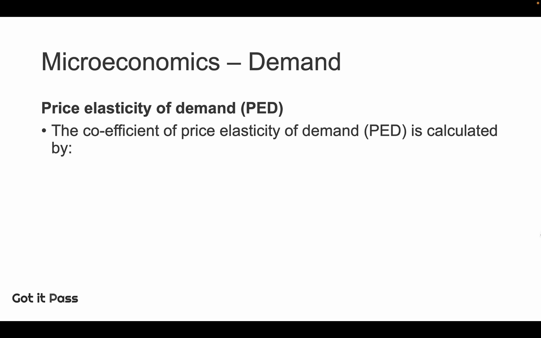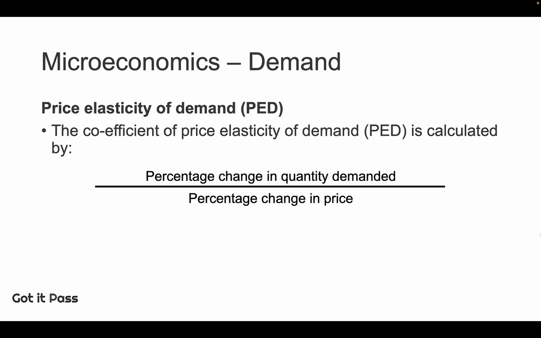For price elasticity of demand, the PED, it is the coefficient of price elasticity of demand, and it is calculated by this formula: the percentage change in quantity demanded divided by the percentage change in price.